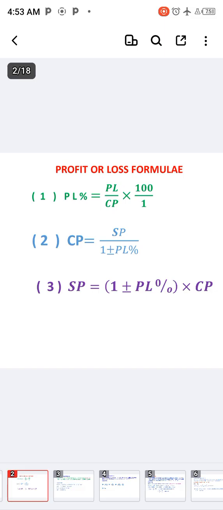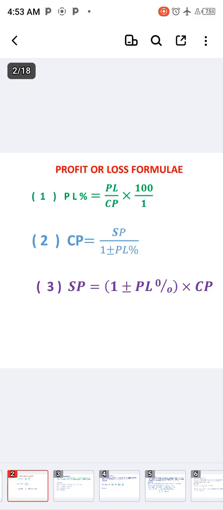Profit arises when the selling price is greater than the cost price, and you incur a loss when the selling price is lesser than the cost price. That is to say, selling price is equal to what?